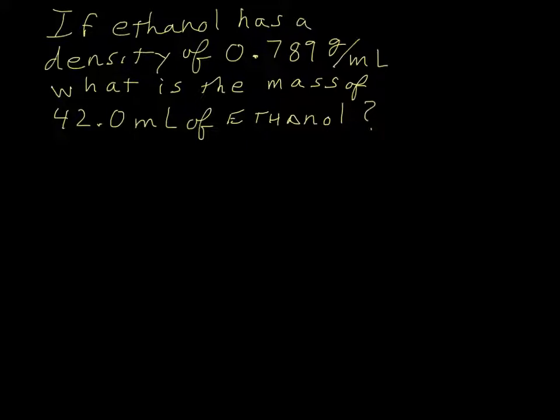Wait, we do. Chemistry cat, can you tell me what a conversion is? Oh yeah, right? What happens when we say the units of density, 0.789 grams per milliliter?